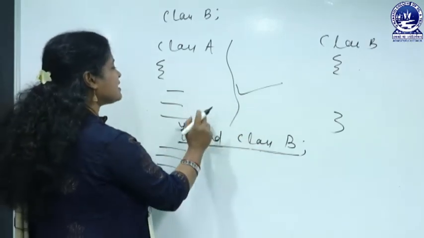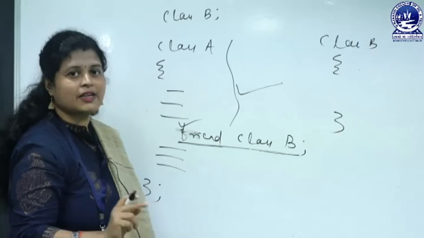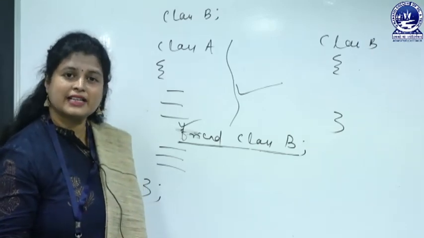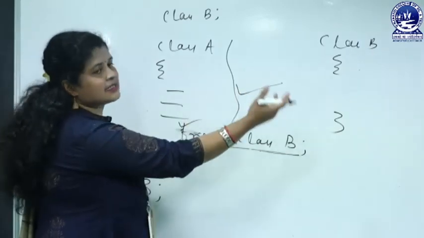Class B can access the members of class A, but the reverse is not true. It means class A cannot access class B.